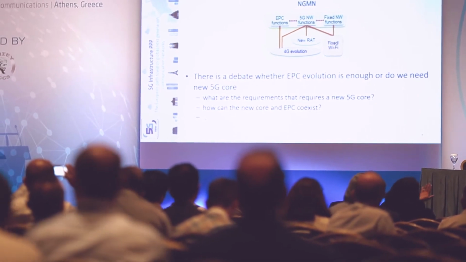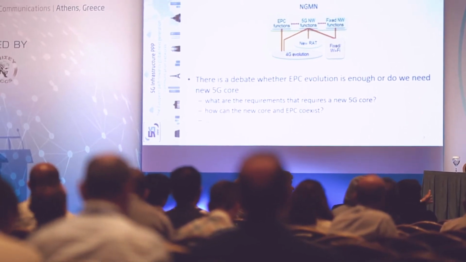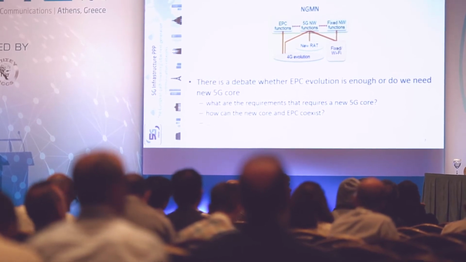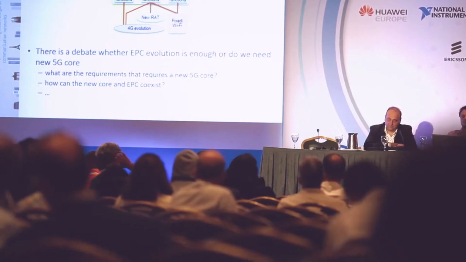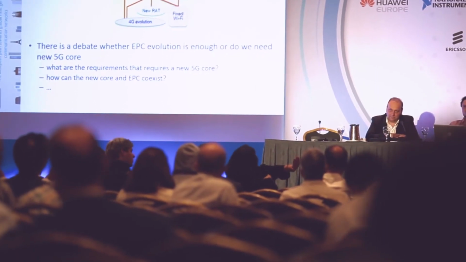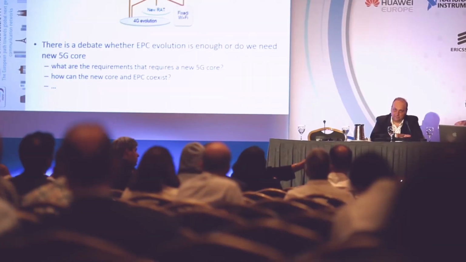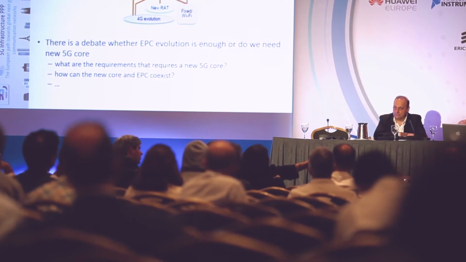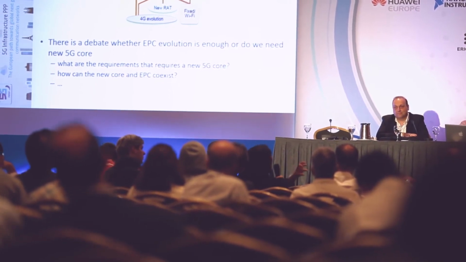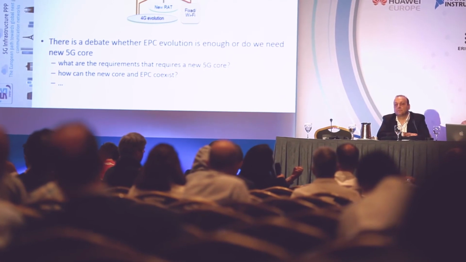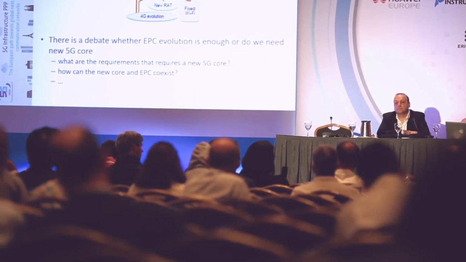In addition, even in your beginning phase, what kind of slicing capability do you expect the EPC will be tweaked to provide? And finally, when we have the new core, what happens to the EPC? Does it disappear? Does it get absorbed as a subset of the new core? Or what happens? That's my question.